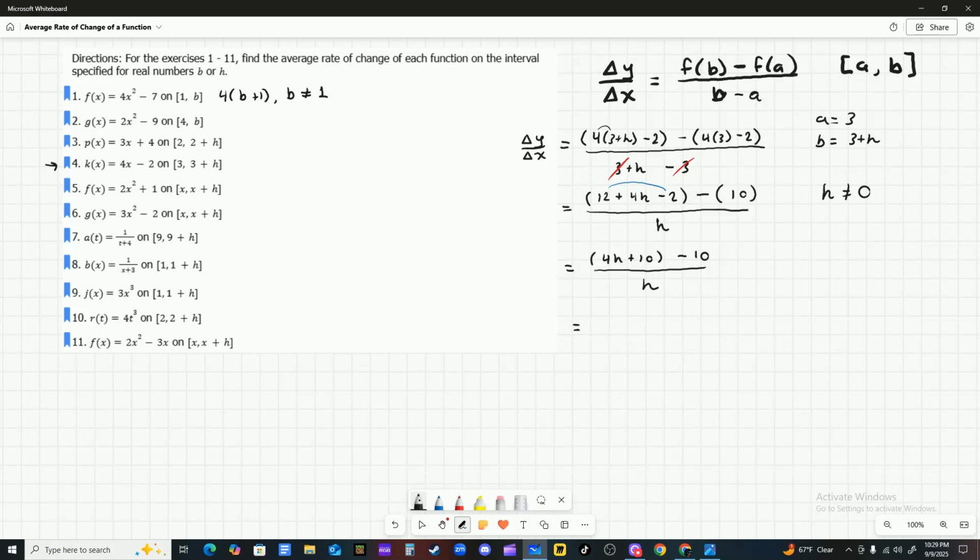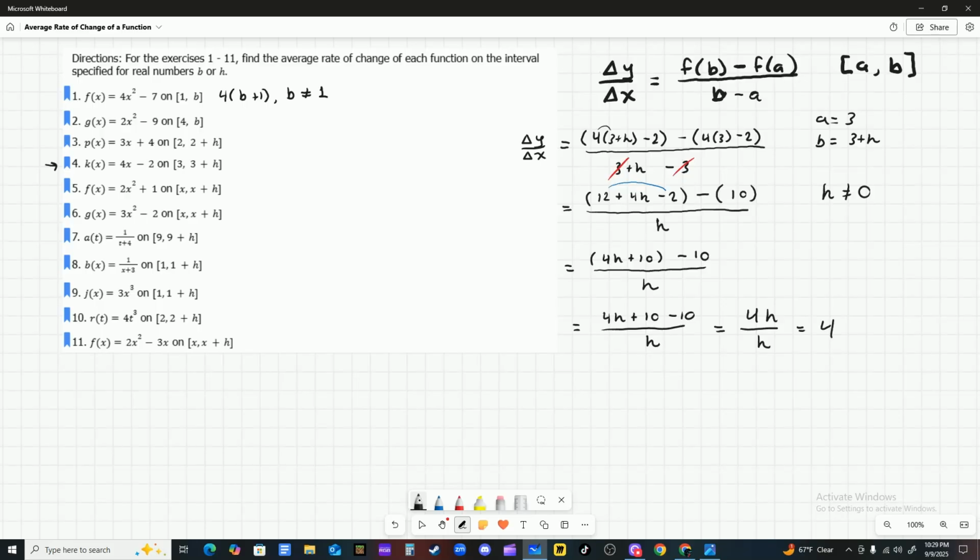Cool. We can drop the parentheses on the numerator now because there's nothing to perform. So we have 4h plus 10 minus 10 over h. This becomes 4h, and 10 minus 10 is 0. So all we have left is 4h divided by h, which is equal to 4.